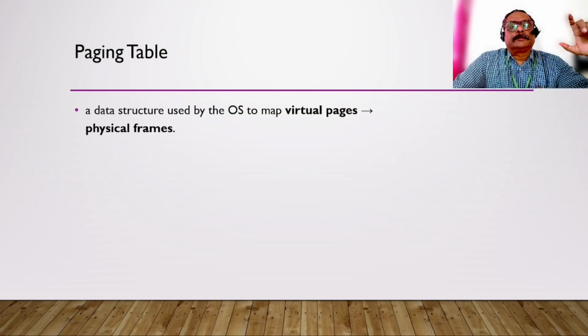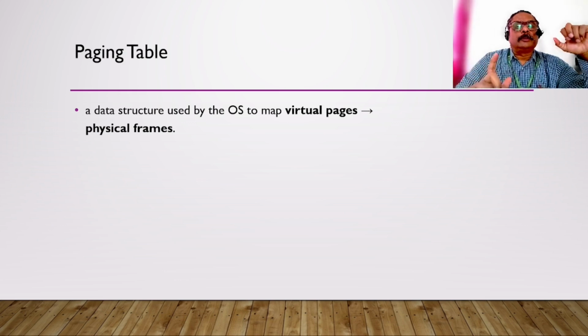The pages are virtually in order: first page, second page, third page and so on. But in physical memory we may not get consecutive frames; wherever a frame is available, it is mapped for any page.